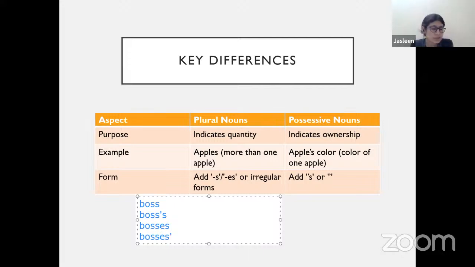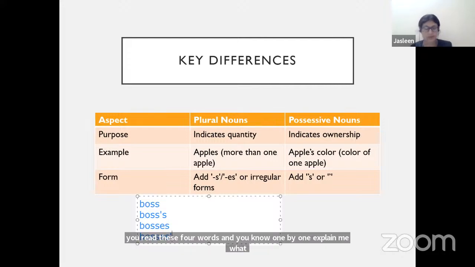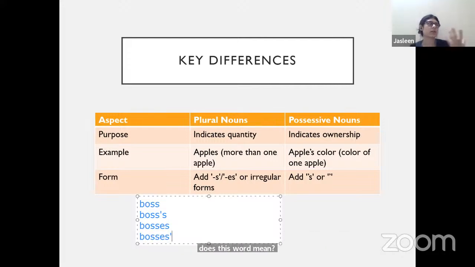Can you read these four words and one by one explain to me what these words mean, with regard to singular, plural, or possessive noun? Tell me.